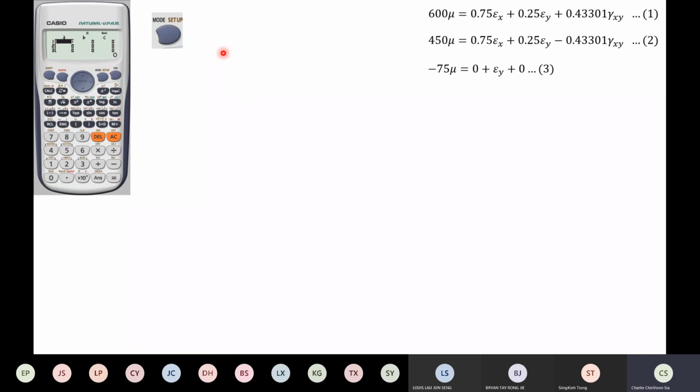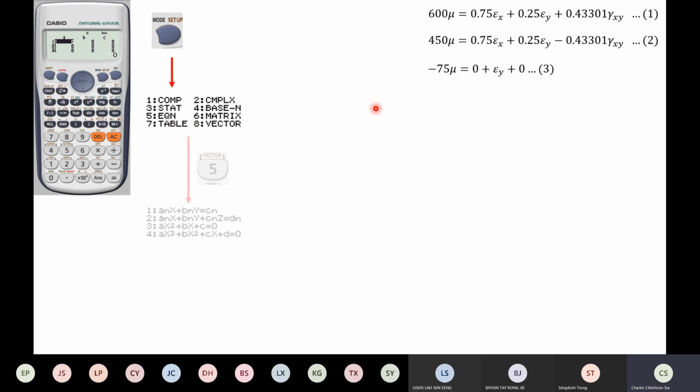We just click the mode or setup, and this screen will appear. If you have this screen, you just type 5 to choose the equation. When you choose the equations, it will come up with these options, all the equations you can solve.